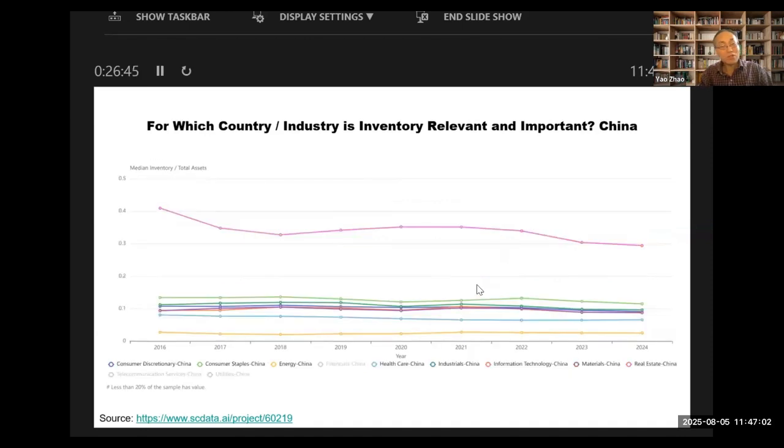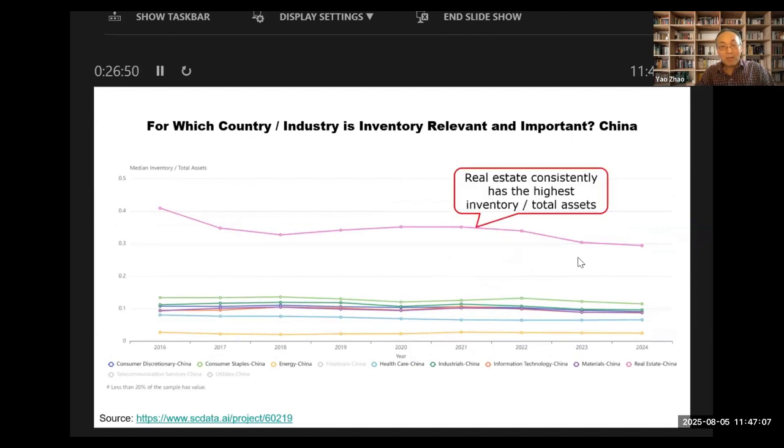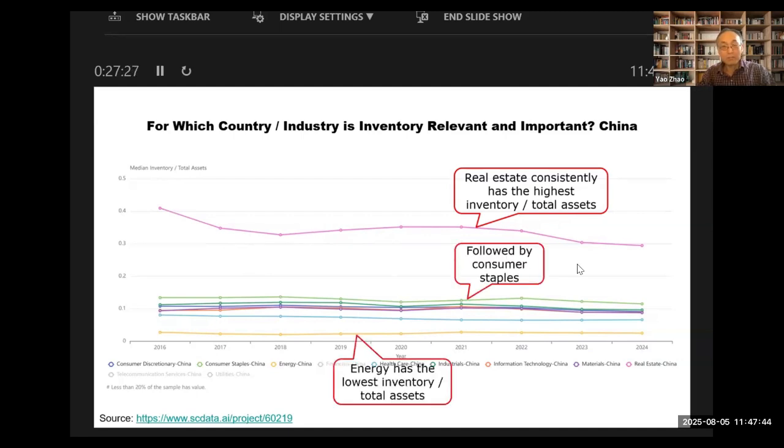For a different country, things could look very different. Let's say in China, real estate has the biggest inventory problem. It consistently has the highest inventory over total assets ratio, so 30% of the total assets of the company is in inventory. They are followed by consumer staples, which is the same as the US.